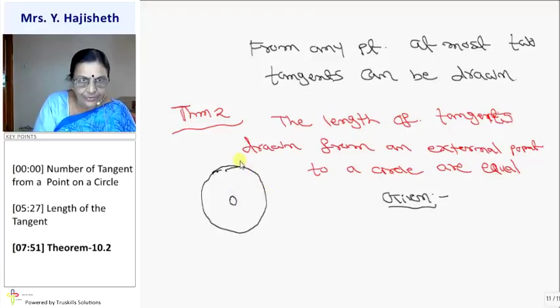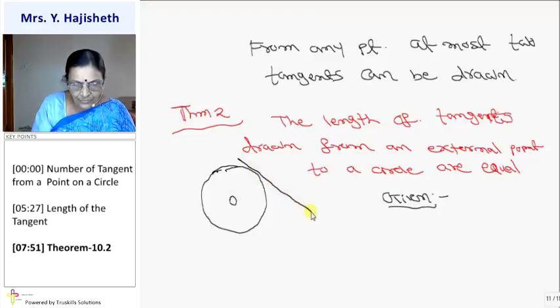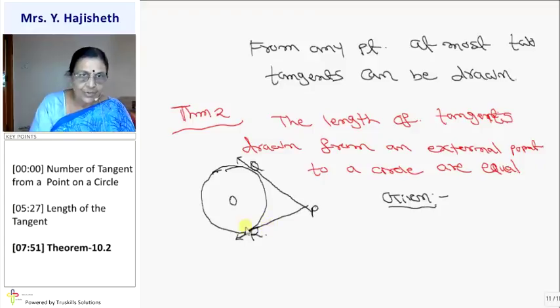Then I draw a tangent from an external point to the circle. This is my PQ, and another tangent I draw. This is my PR. I can join OQ and I join OR also.